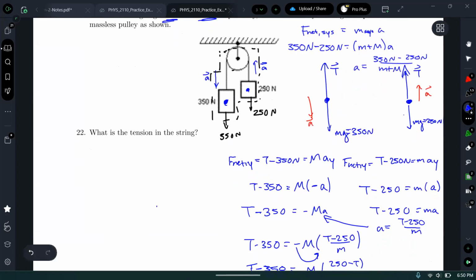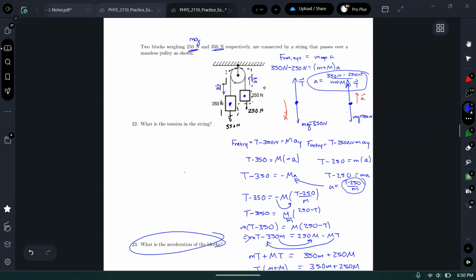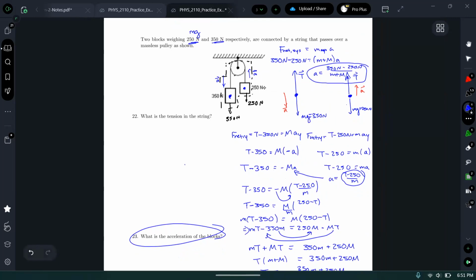And if I combine that with this equation that I got from looking at the individual blocks and solve for tension, I think I should get the same equation I got before. Let's see, 350 minus 250, sum of the masses. That's what I found for acceleration. I also found this, so I can set them equal to each other.